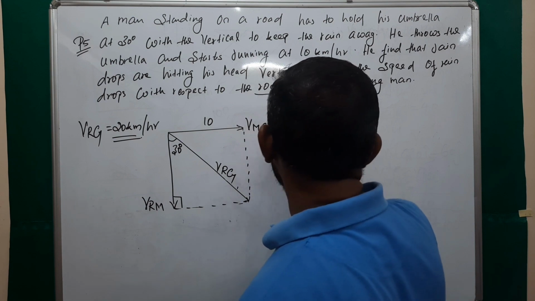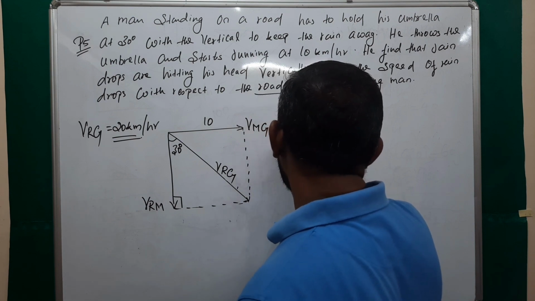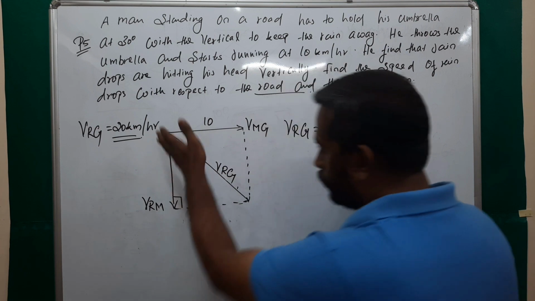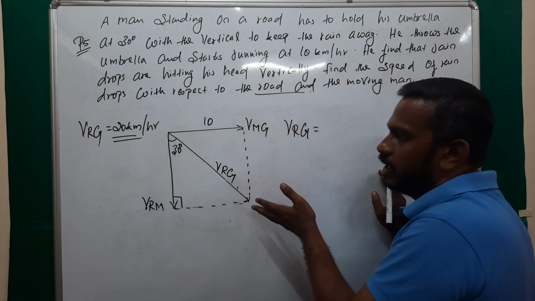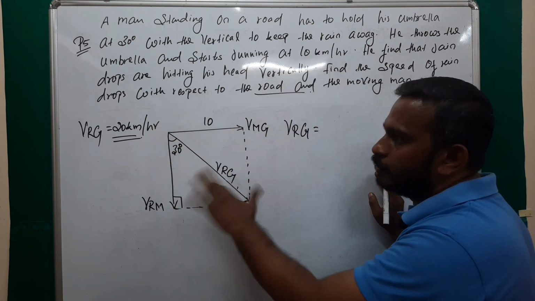So we can write that Vrg is acting in this direction, and that velocity can be divided into two components.